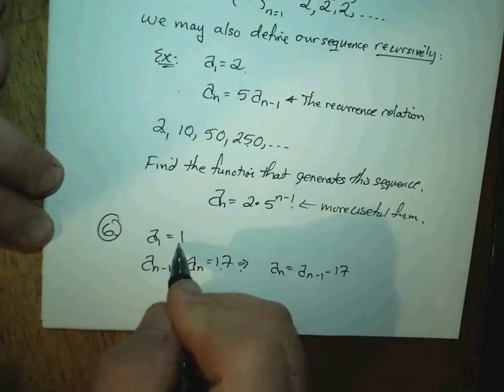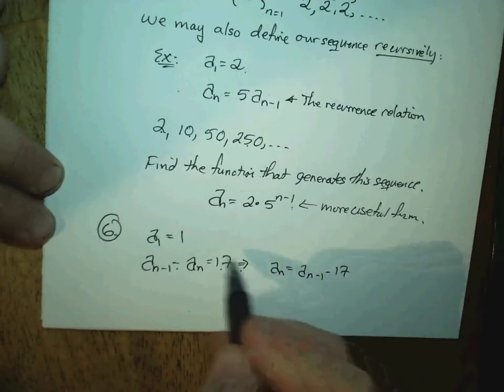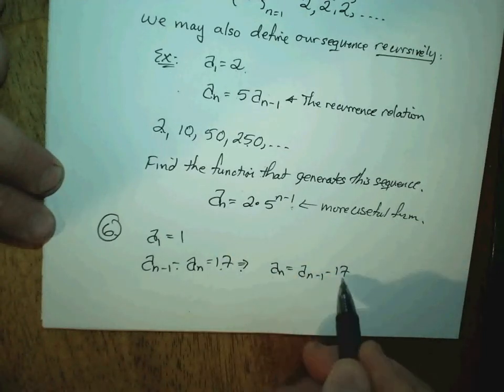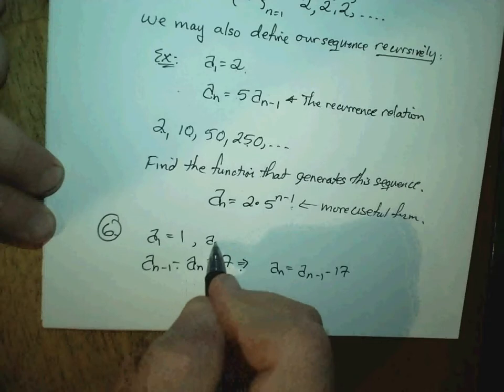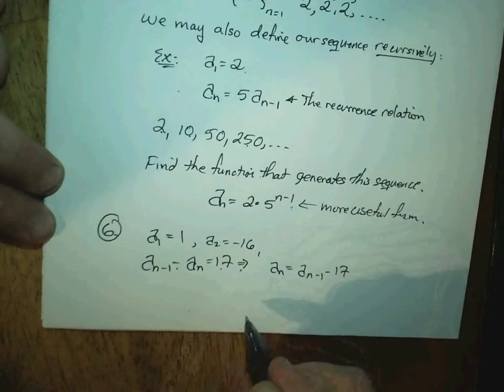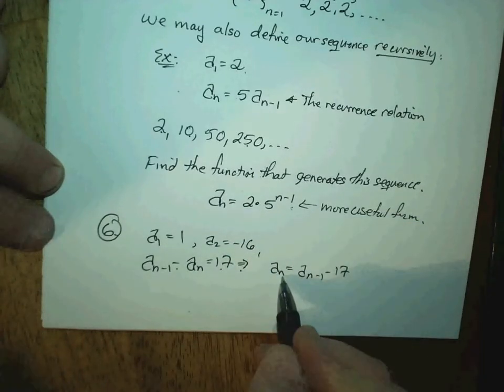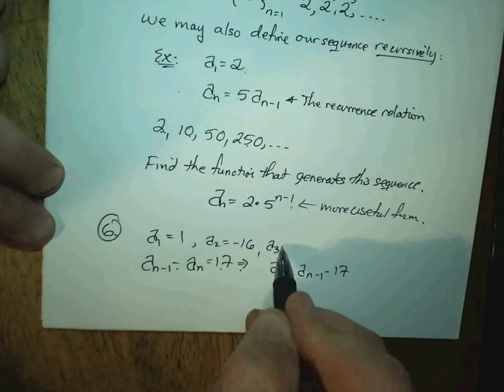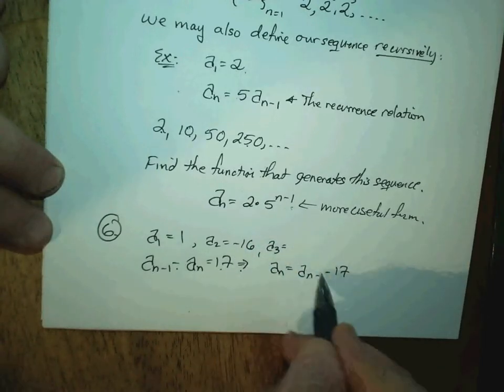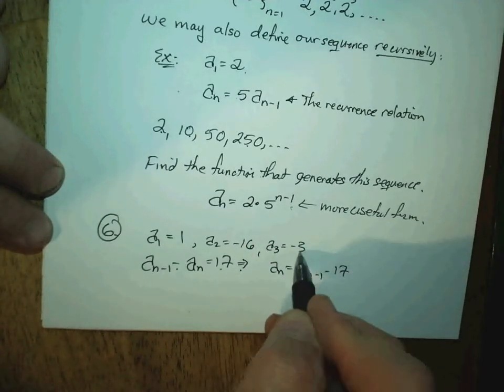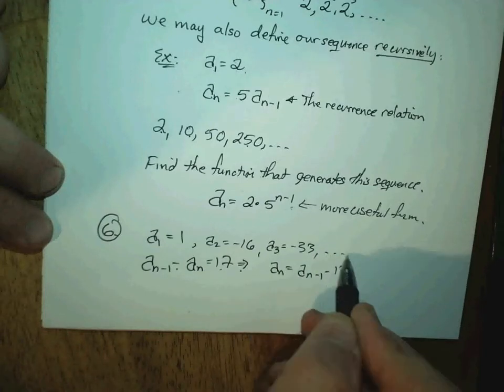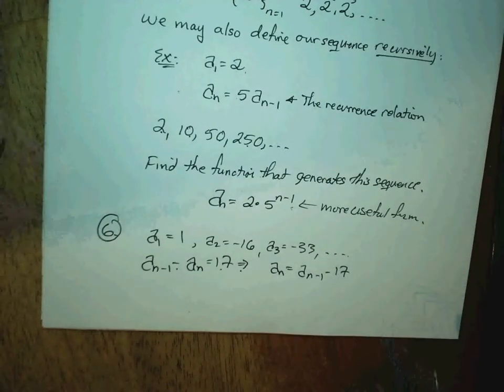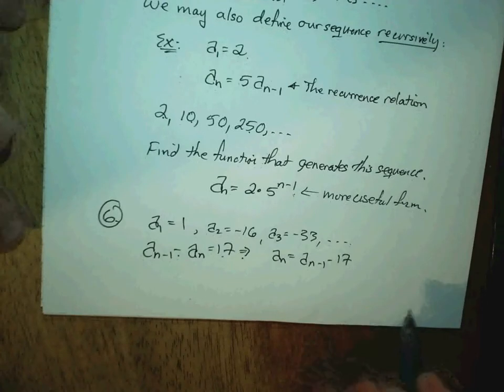So if a sub 1 is 1, the way I'm going to get the next term, a sub 2, is a sub 1 minus 17. I'll get negative 16. To get a sub 3, I'm going to take that negative 16 minus 17, get negative 33, and so on. Okay, so that's how the terms are getting generated for this sequence.